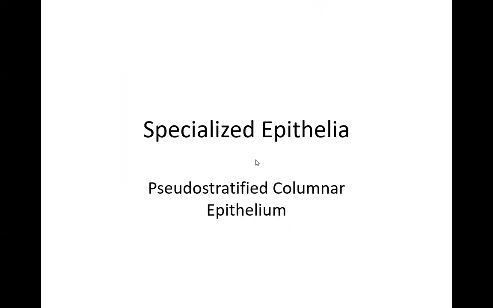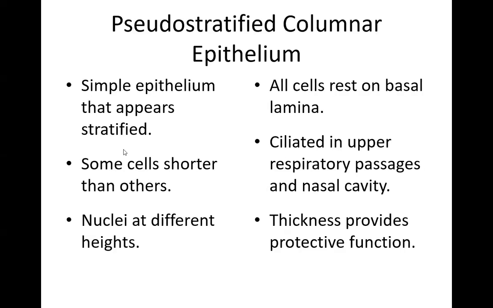Now we're talking about the specialized epithelia, such as the pseudostratified columnar. Pseudostratified columnar epithelium is a simple epithelium that appears stratified; some cells are shorter than the others, and the nuclei are at different heights.